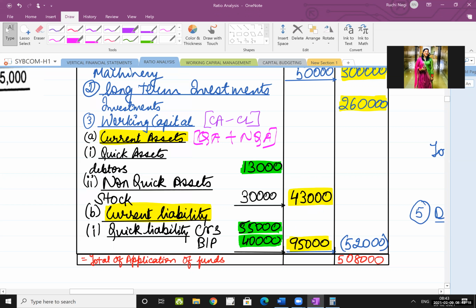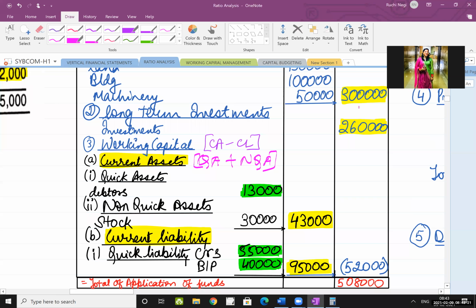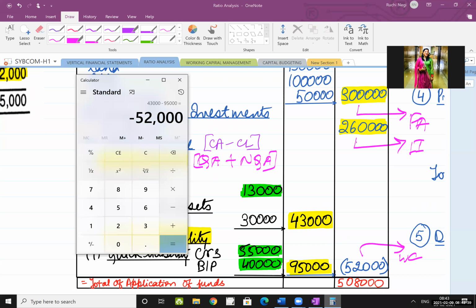Now what? Fixed assets 3 lakhs, long-term investments 2,60,000 and this working capital. Add all three. Okay, so 3 lakhs plus 2 lakh 60 minus 52,000. Answer is 5 lakh 8. It has to tally, obviously. Correct?